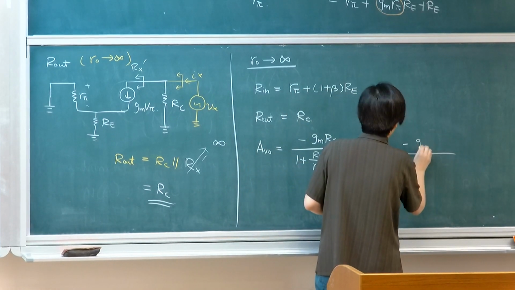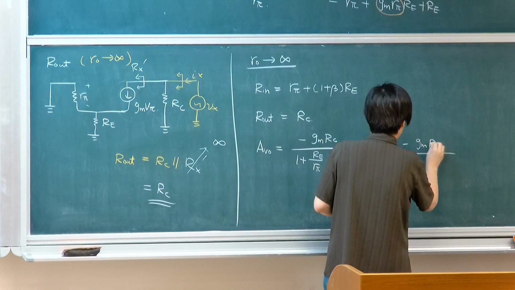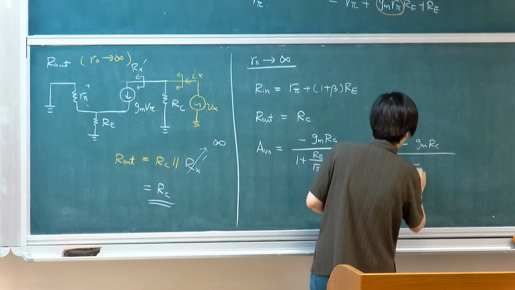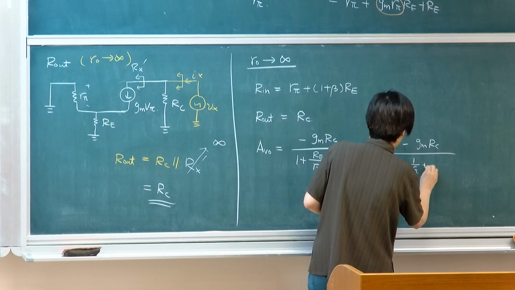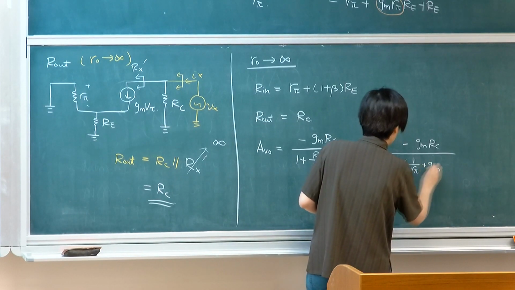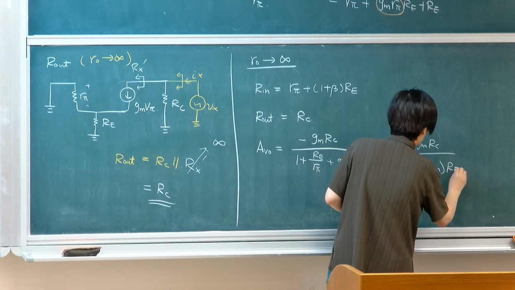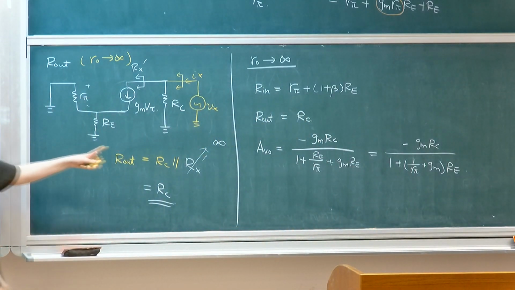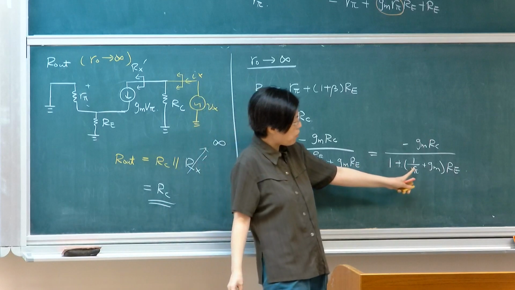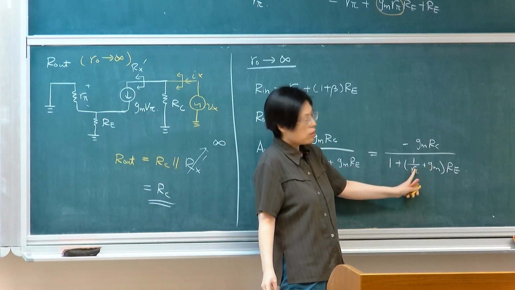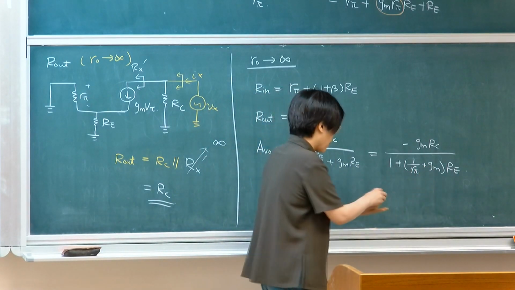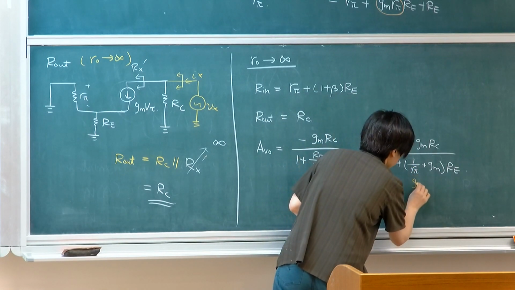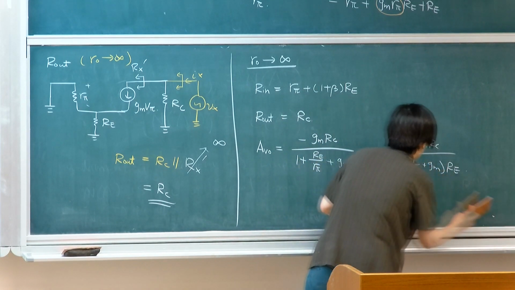Or let me rewrite this: 1 plus R pi GM. So what is the relationship between the two? Because we know that this is one over GM, let me write it down. Let me redraw this.